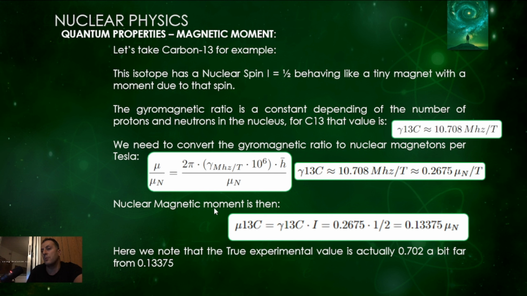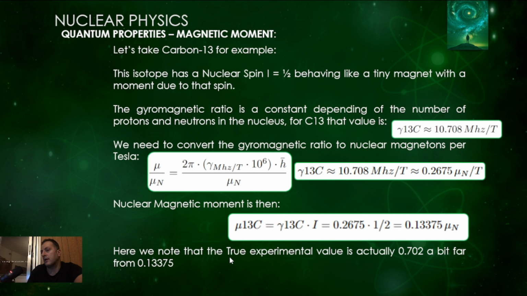So the nuclear magnetic moment is then μ13C equals gamma 13C, the value we got here, times I, the spin, which gets you 0.13375 magnetons.